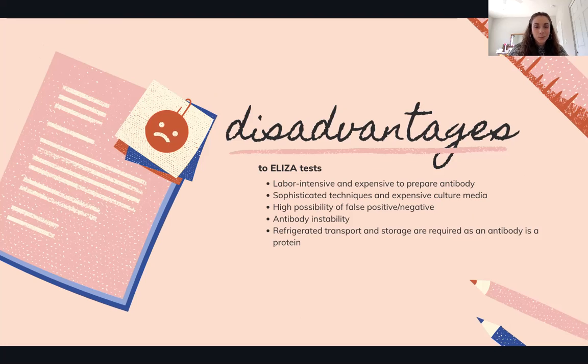And the antibody prepared in the lab could be unstable. And finally, the antibody needs to be transported and stored, and it has to be stored in a refrigerator. So transporting it and storing it is difficult.